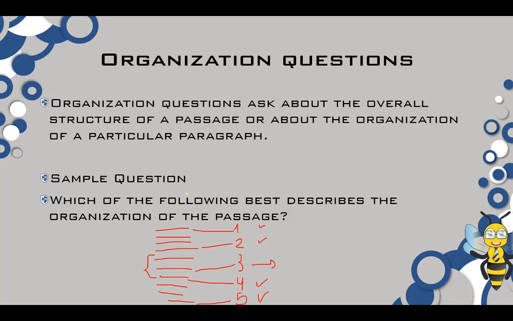Now, how are these questions organized? As we said, there are questions about the overall structure of the passage or about the organization of a particular paragraph. Okay, number one, the questions could be like, which of the following best describes the organization of the passage? I said, they're going to ask you about how the paragraph is organized.